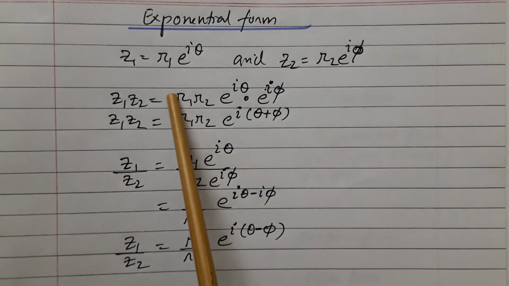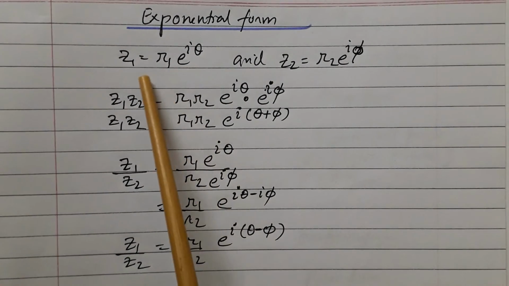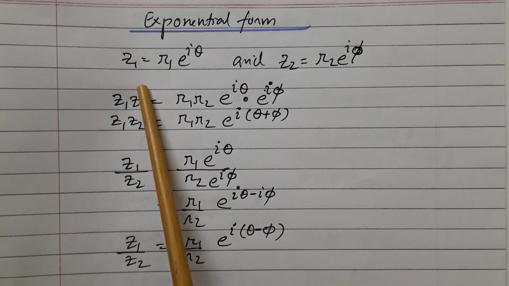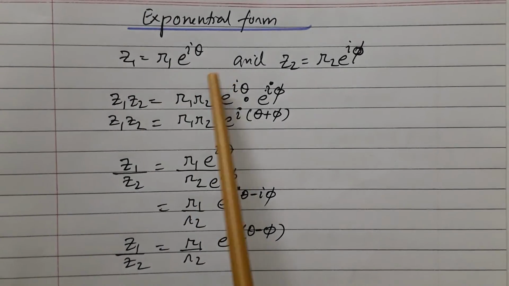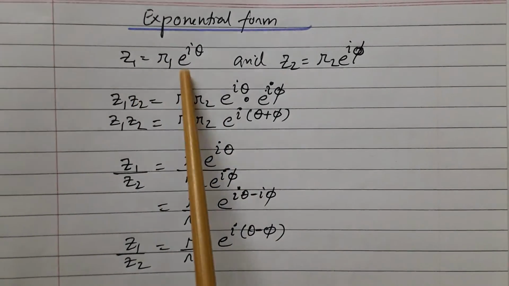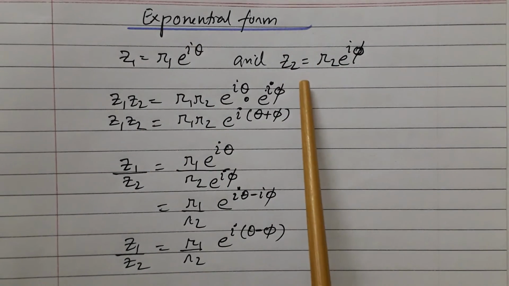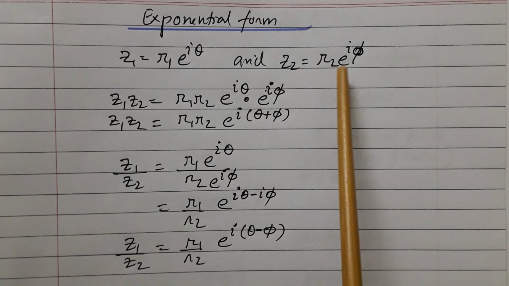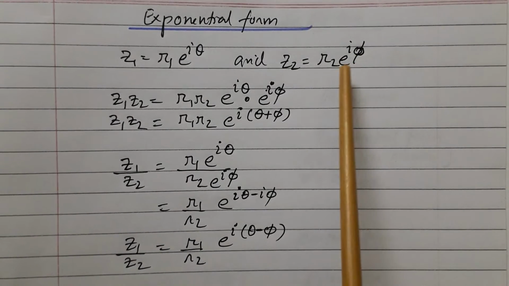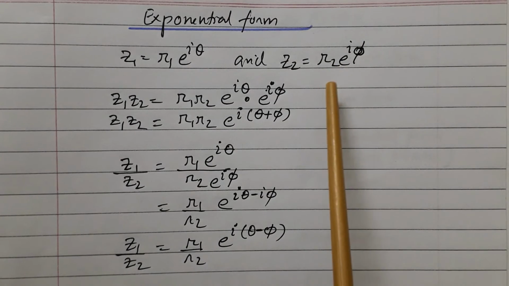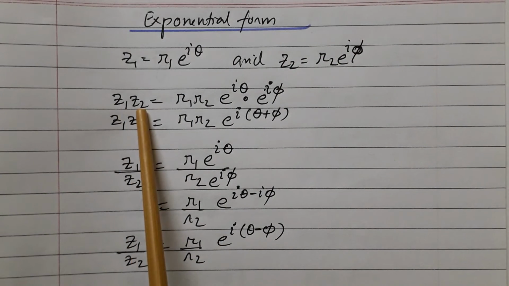Now in the same way, we can take the product of two complex numbers by expressing them in the exponential form. So z1 is r1 e raised to i theta, that is the exponential form of the first number, and z2 is r2 e raised to i phi, the second number. Now here I am taking the product z1 into z2.